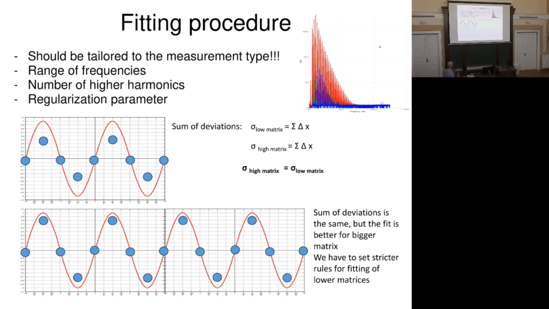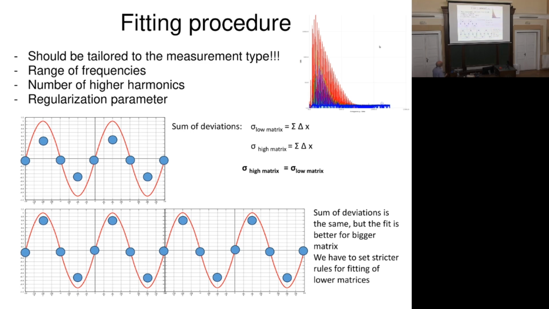If we use a bigger set of data, we actually can reach the same sum of differences, but only with a better fitting function. So we have the same sum of errors here, and at first sight you can see that this is much better fitted than this one.